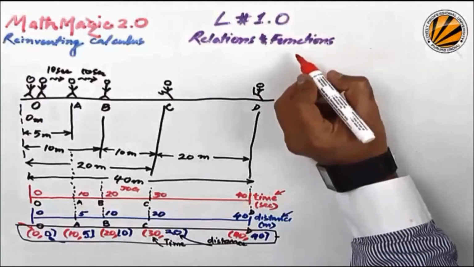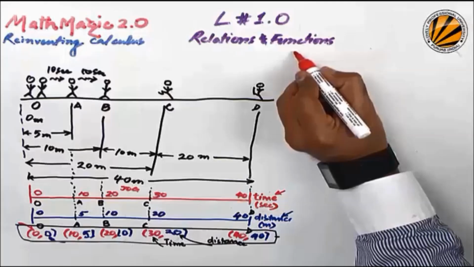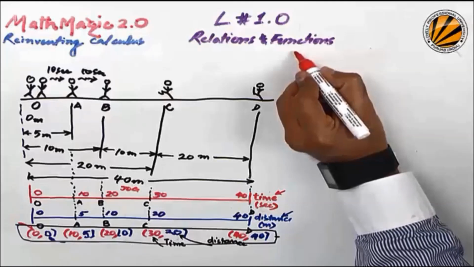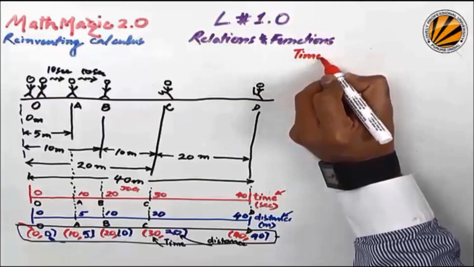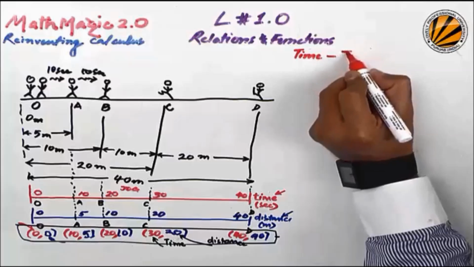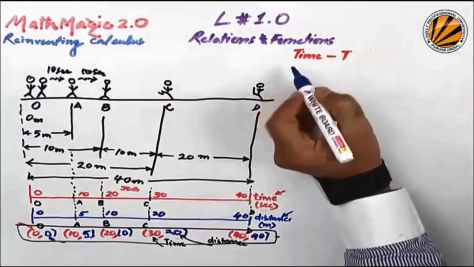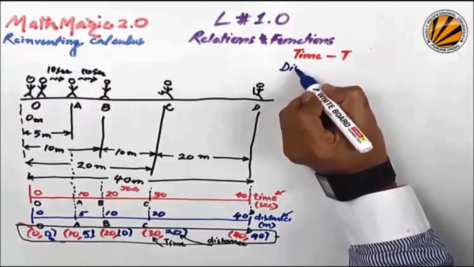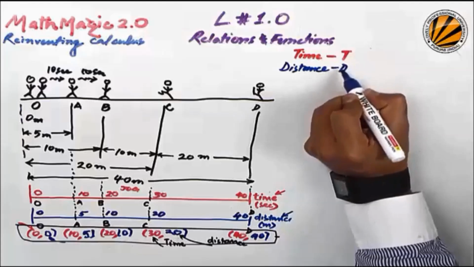So now we know that there are two basic parameters we are looking at in this example. One is time. Let this time be depicted by t. And then we have another parameter, which is distance. Now this will be depicted by d.